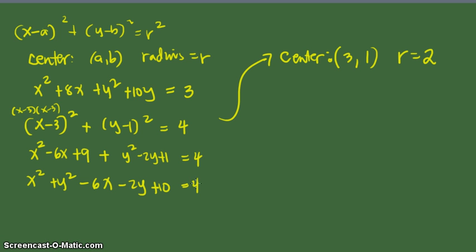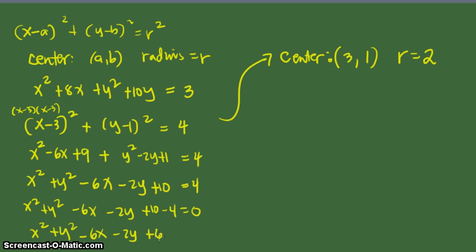And then again, my goal is to make this 0, so this will become x squared plus y squared minus 6x minus 2y plus 10 minus 4 equals 0. And finally, this is x squared plus y squared minus 6x minus 2y plus 6 is equal to 0.